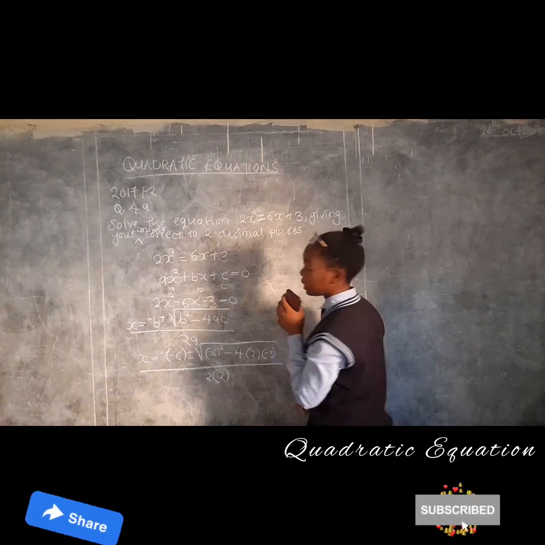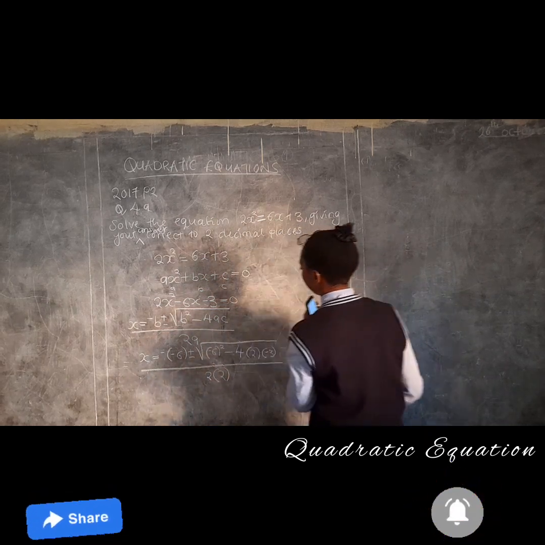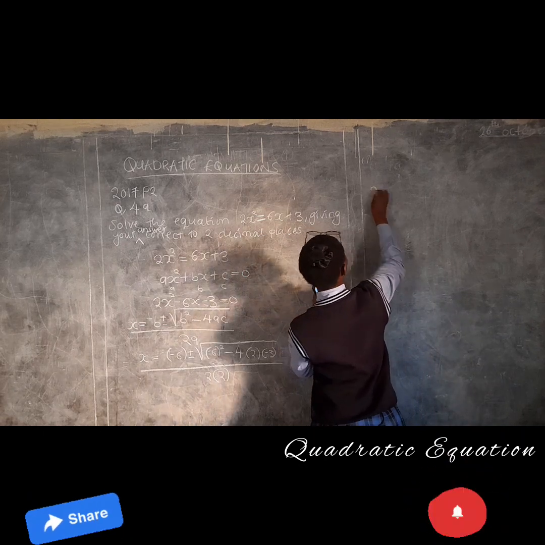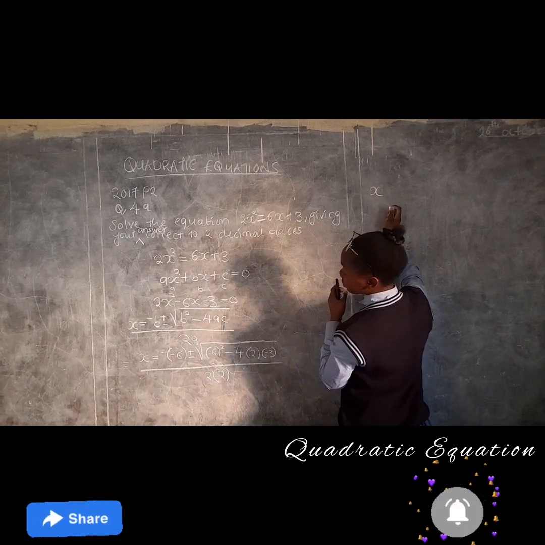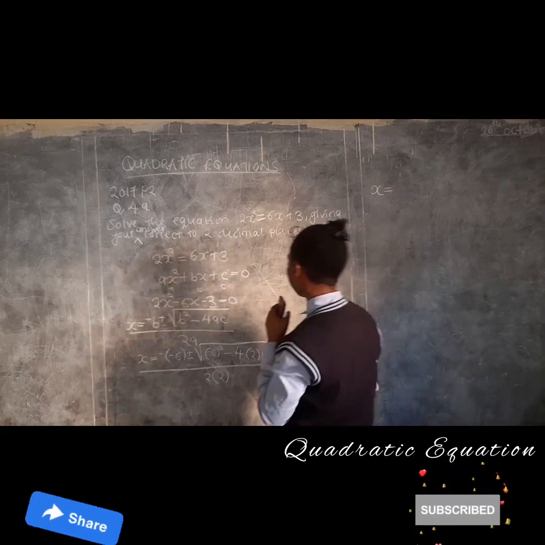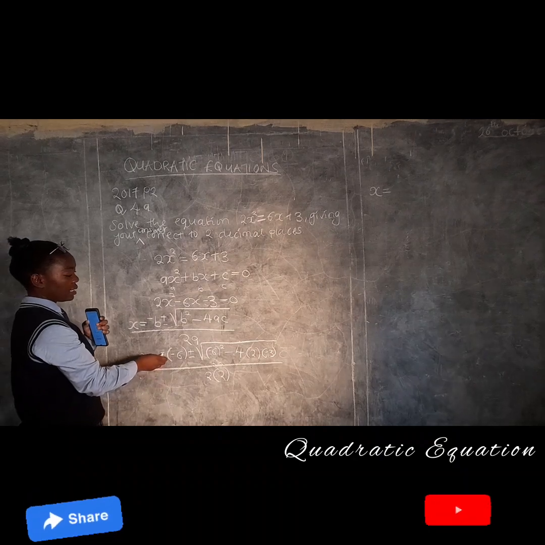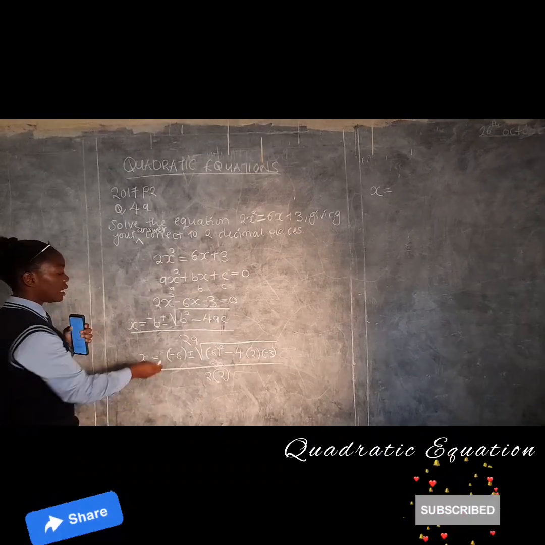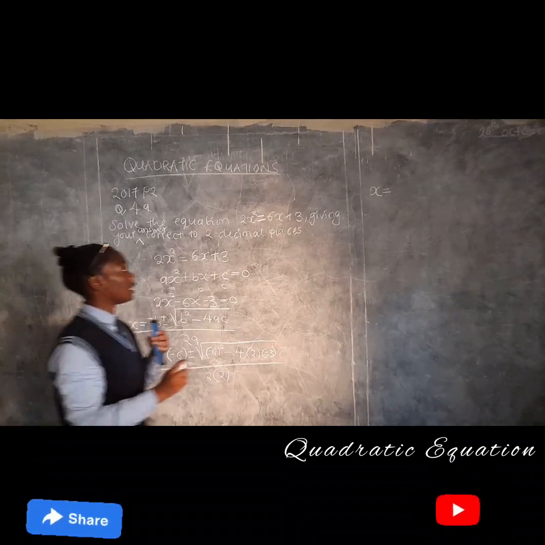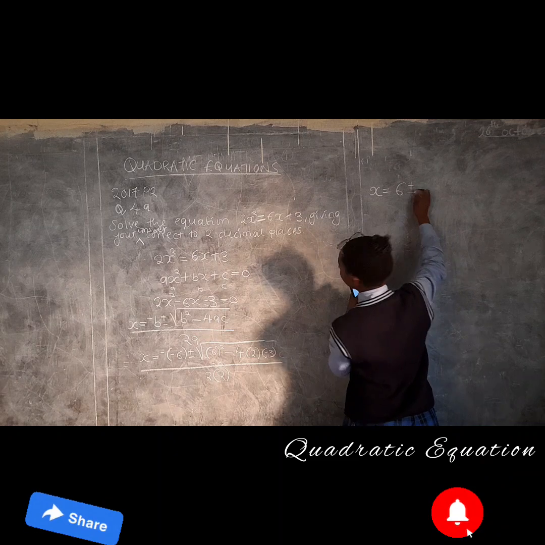But first, before we get to that stage, what we're supposed to do is to work on these. So we write down our formula again, which is x. Here we've got a negative and a negative. Negative times negative is positive, so meaning here we're going to have positive 6 plus and minus.